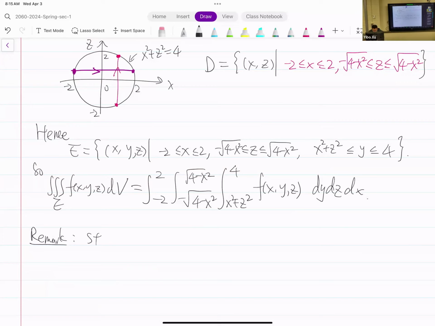The steps for setting up triple integrals.